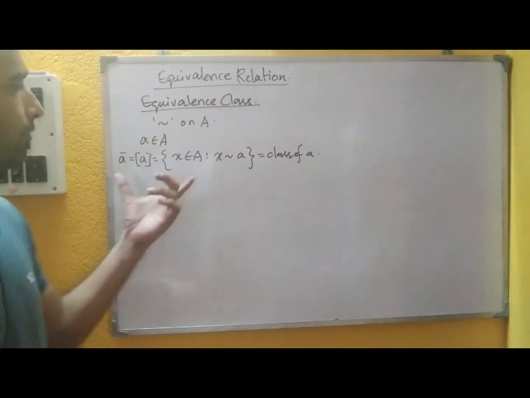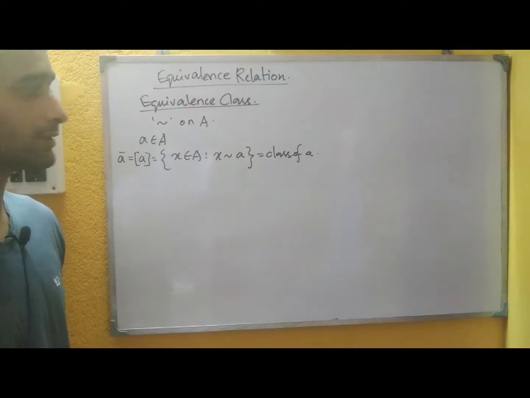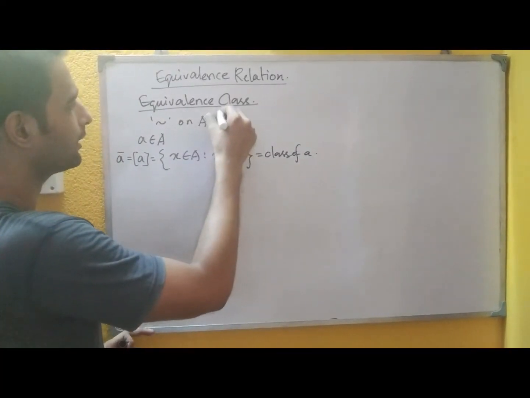So for each element we can construct this class. This class is called the equivalence class, since the relation tilde here is an equivalence relation.